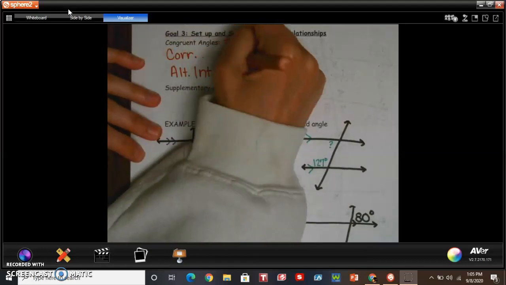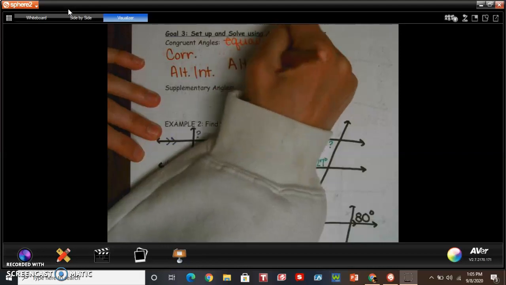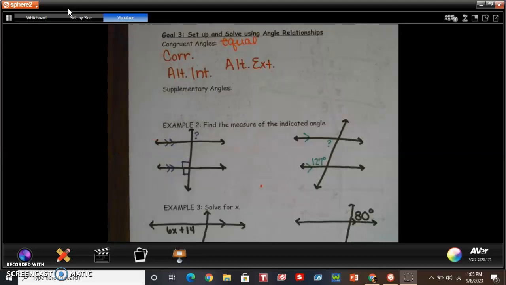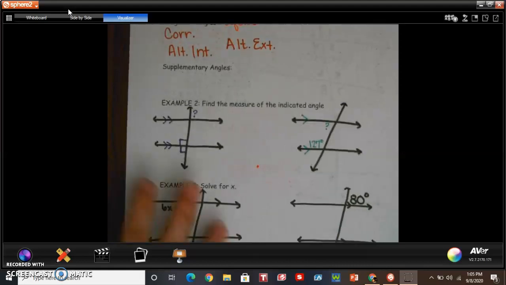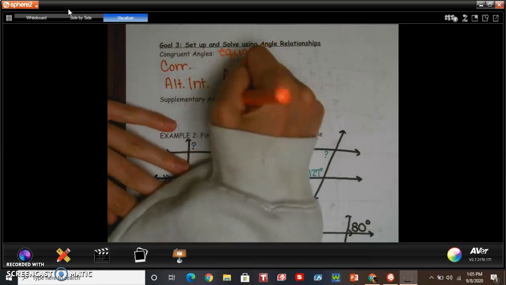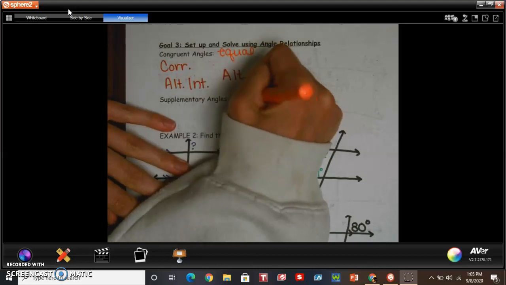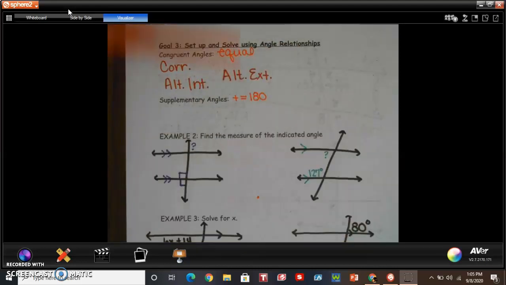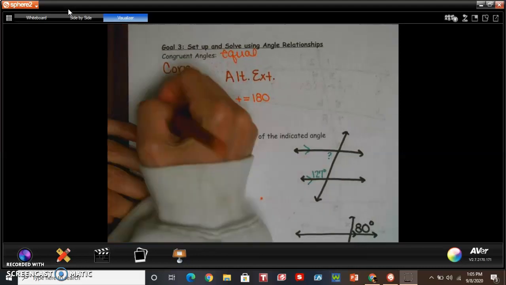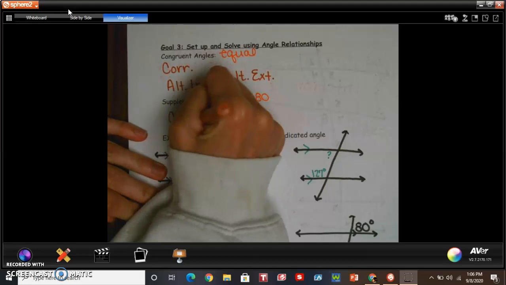And alternate exterior are congruent. So if the problems we're dealing with deal with any of those 3, you're going to take them and set them equal. What does supplementary mean? Well, supplementary means they're going to add to equal 180. So out of the 4 relationships we have, there's only one that is supplementary, and that is consecutive interior.